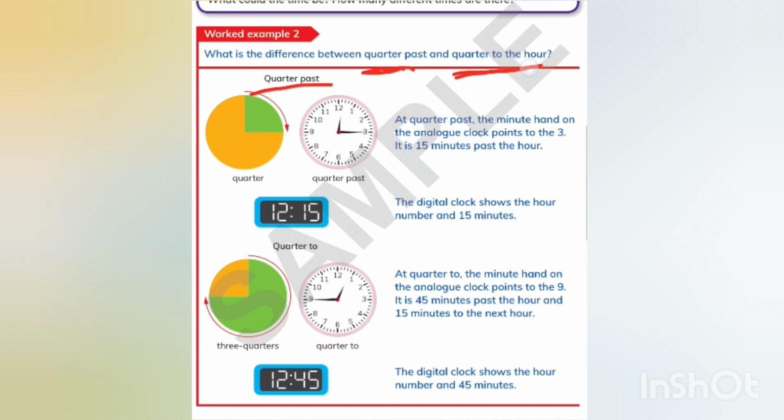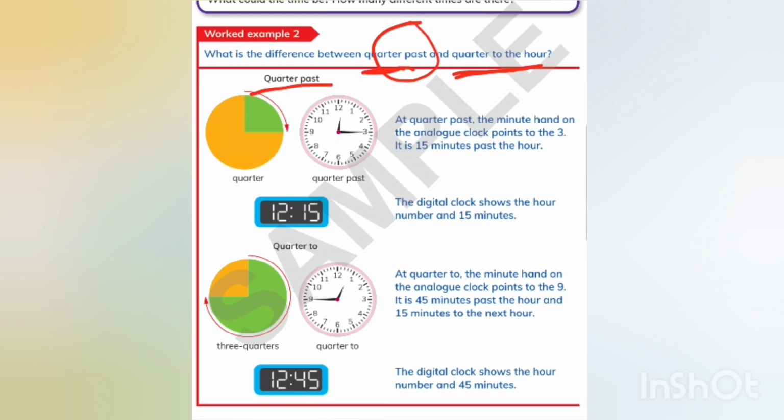It is the same difference, like 15 minutes to and 15 minutes past. Past means the time which has gone. To means the time which is going to be covered. So the concept is the same.